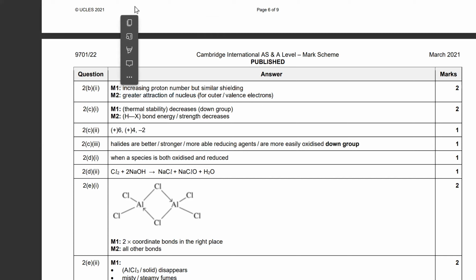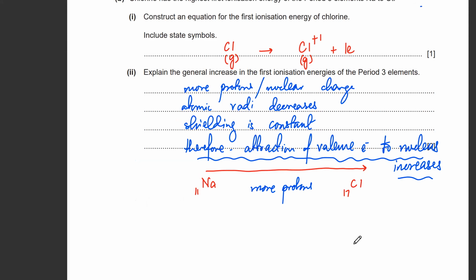Mark number 2 is for that. Is that clear? Okay, sir. So in all ionization energy questions, even if it's not required, whether it's decreasing or increasing, you explain the factors and then you write this statement: because of the above factors, either the attraction is decreasing or it's increasing between the nucleus and the valence electrons.